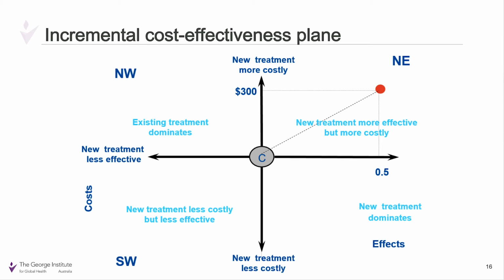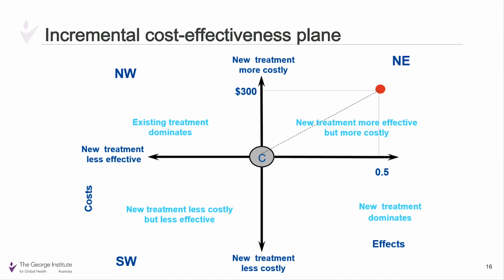New treatments sometimes are more effective and less costly. In those instances, as a decision maker, we have a fairly simple choice. So if the new program is saving money and more effective, then we have a situation where the intervention sits on the southeast quadrant and the new treatment dominates the old.